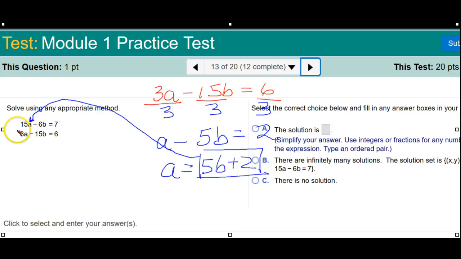Or I can multiply this one by a negative 5, and this would become a negative 15a each term, and these would cancel out. So this is a strategy, and you can use whichever method you like. Now this comes out as fractions, so that's the little challenge, but again, you can miss one, and that's no problem at all. You just need to earn a 70 on this.